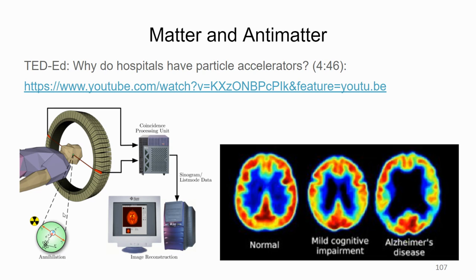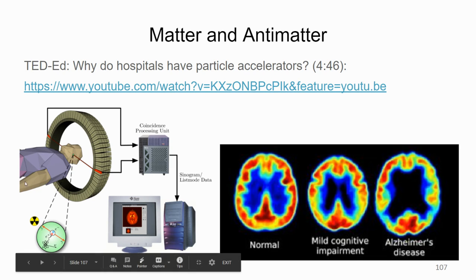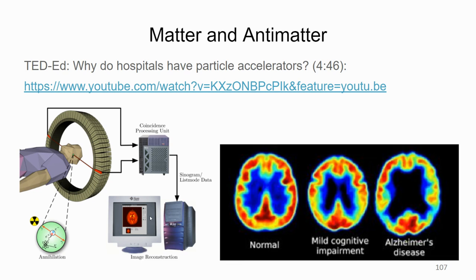So they make this stuff on site in many large hospitals, which will have a particle accelerator in the basement where they make this stuff, they prepare it, and then they send it upstairs and they inject it into patients who go into the PET machine, just a few hours after the stuff was created, and then they make the images.